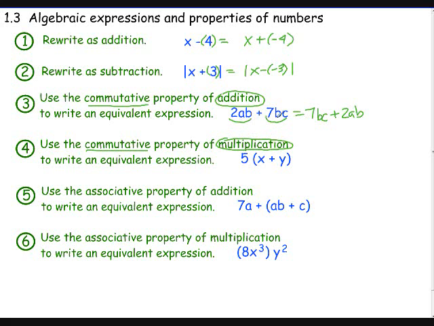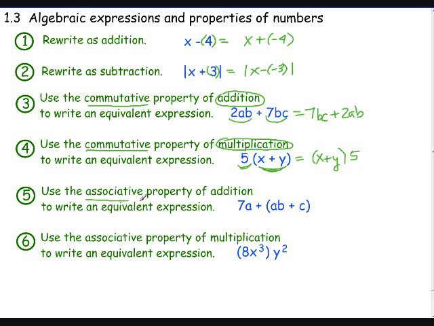This time, instead of looking at terms like we did with addition, things that have an adding or subtracting sign between them, we couldn't use a subtract, excuse me, I misspoke, because the commutative property does not work for subtraction, only works for addition. Commutative property of multiplication. This is going to be our first term. This is our second. They're going to change positions. Commute. And there we have it.